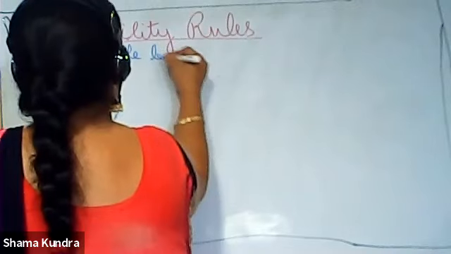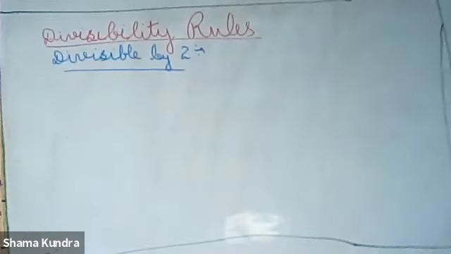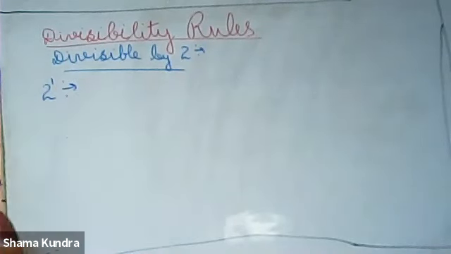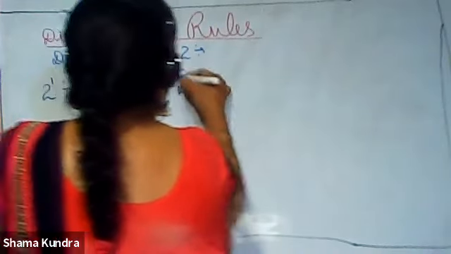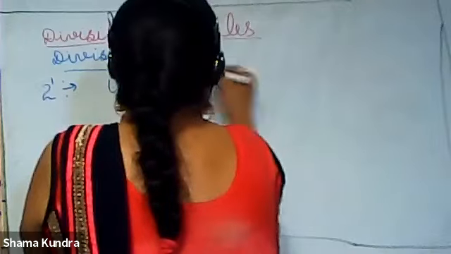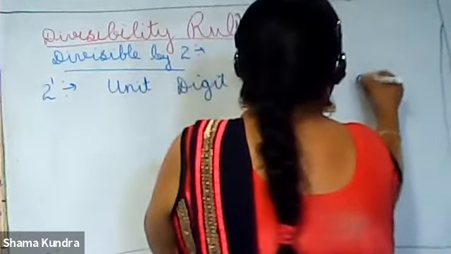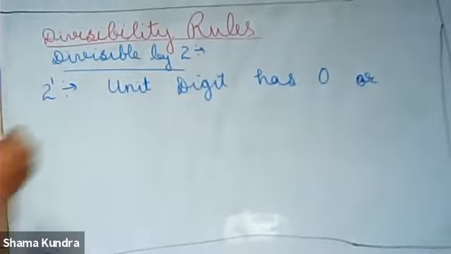Divisible by 2. A number is divisible by 2, like 2 raised to power 1, if the unit digit has 0 or an even number.